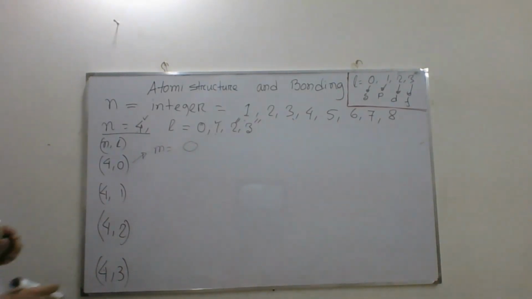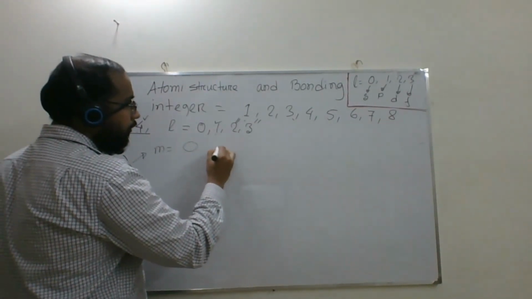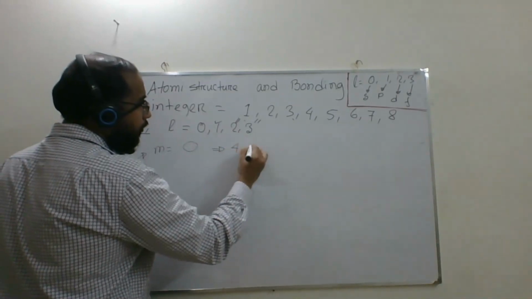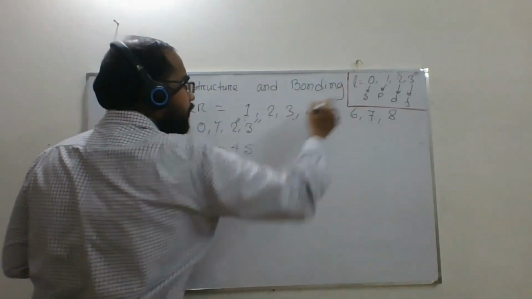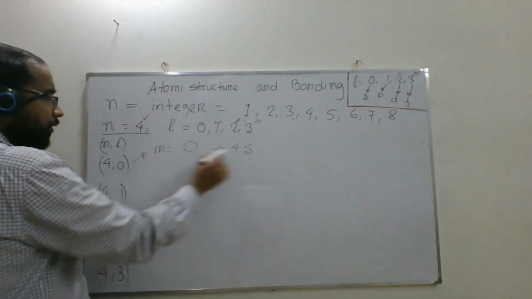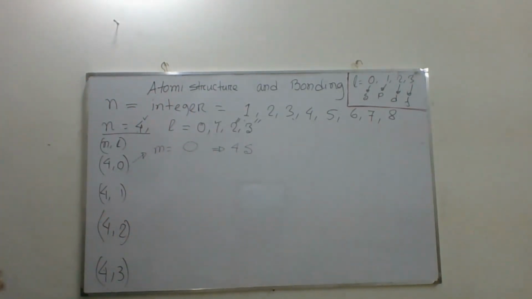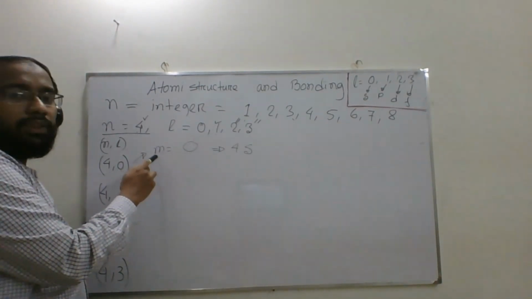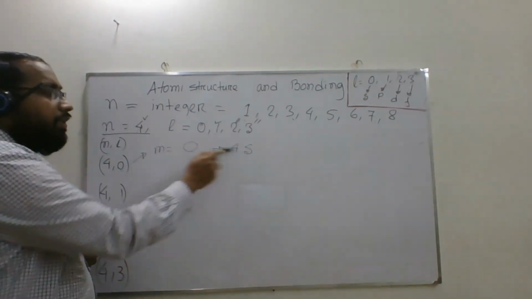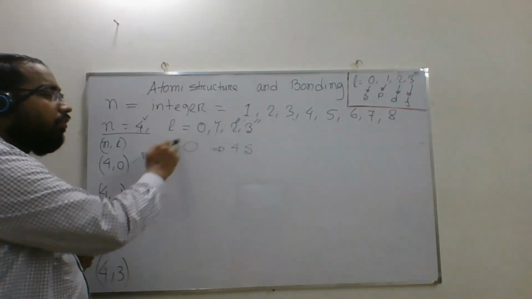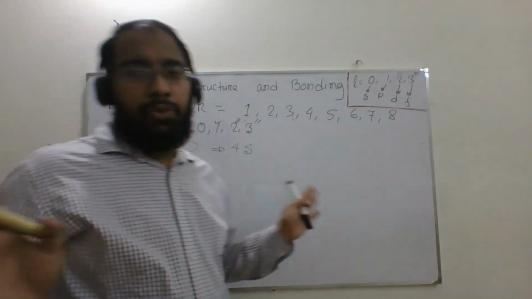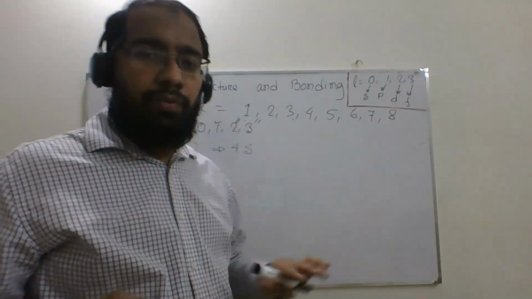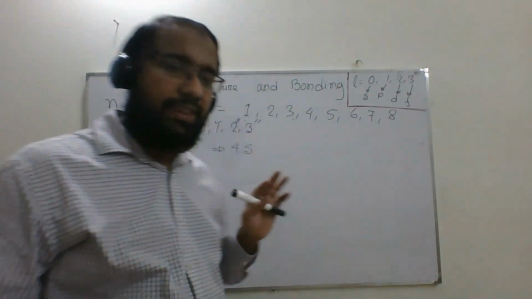This basically represents the energy level for S, because l equal to 0 means S, so it is 4s. Now I said m represents the subdivision in the orbital. So there is only one value, which implies the s orbital has no subdivision. It is true for 1s, 2s, 4s, 5s, 6s, whatever.